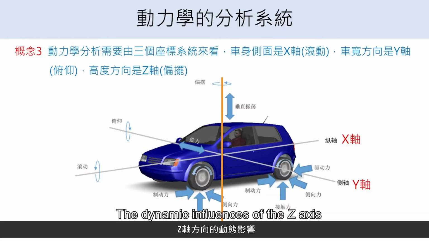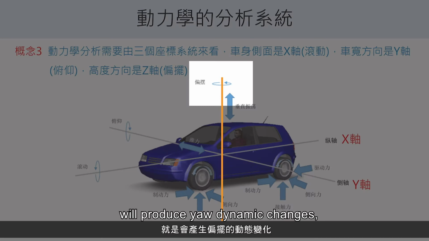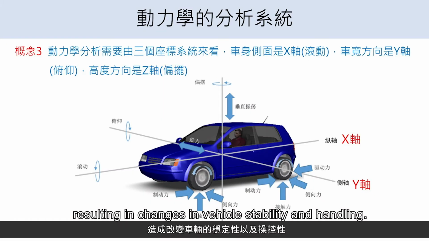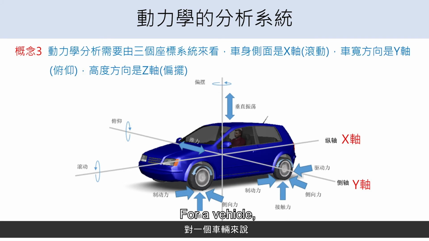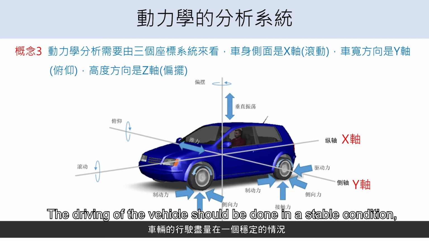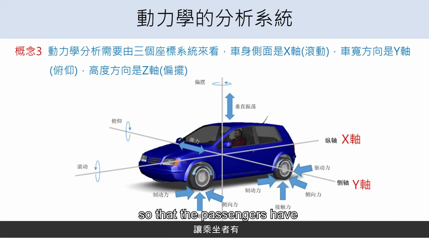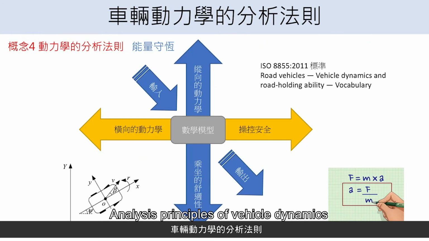The dynamic influences of the z-axis will produce yaw dynamic changes, resulting in changes in vehicle stability and handling. For a vehicle, these roll, pitch, and yaw should be as small as possible. The driving of the vehicle should be done in a stable condition so that the passengers have better comfort and safety. Analysis principles of vehicle dynamics.